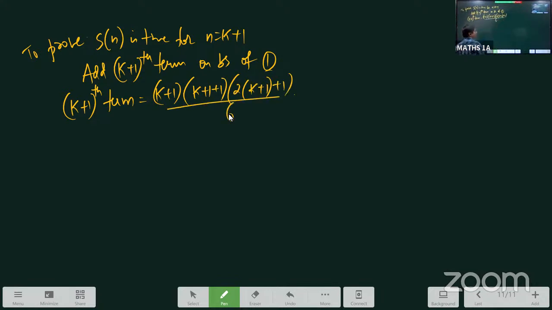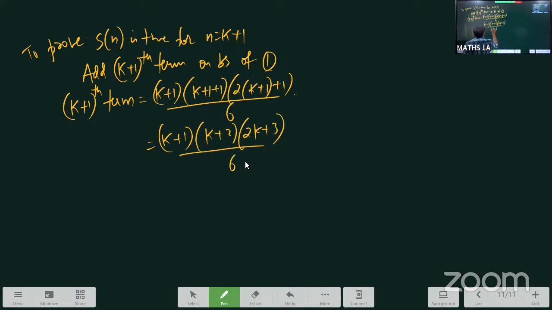If you want, you can observe it. What was your nth term? n into n plus 1 into 2n plus 1 by 6. Instead of n, you put k plus 1. I did that only. That is nothing but k plus 1 into k plus 2 into 2k plus 3 by 6. You are going to add this on both sides of equation 1.